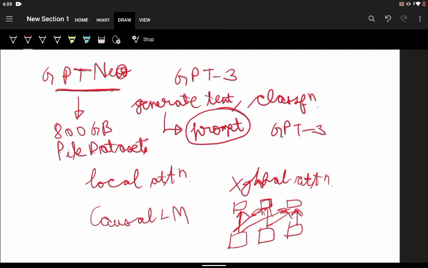I'm not very sure again what is causal language modeling. I think it's something to do with sequential decoding, where only the past tokens can be used as input for the future token. If I'm wrong, I'm really sorry about that, but that's my feeling about causal language modeling. Take it with a pinch of salt.